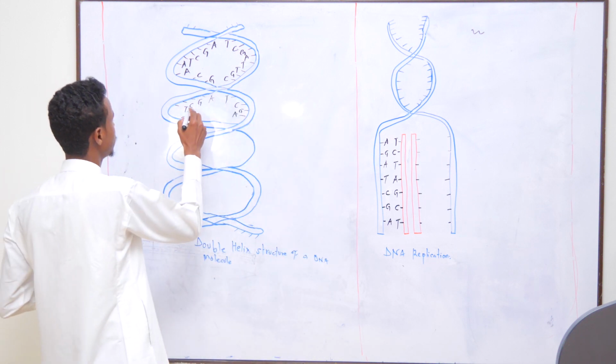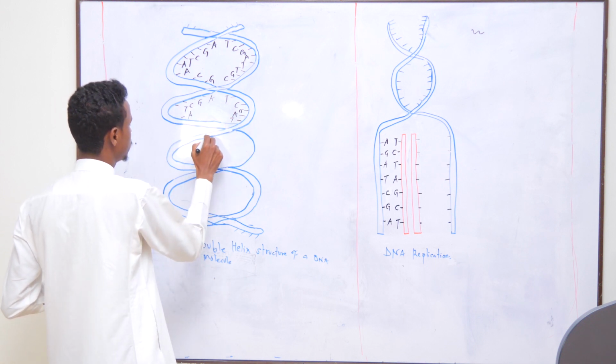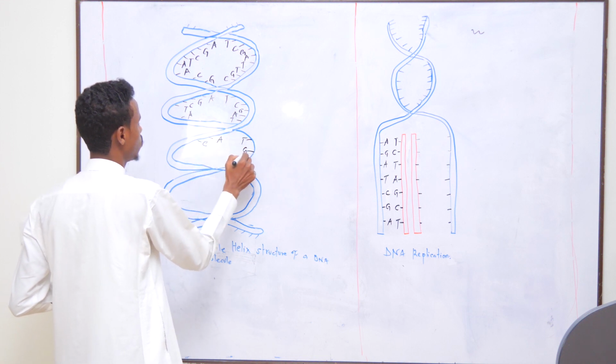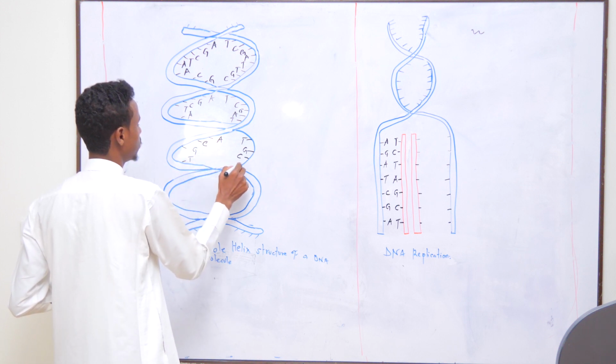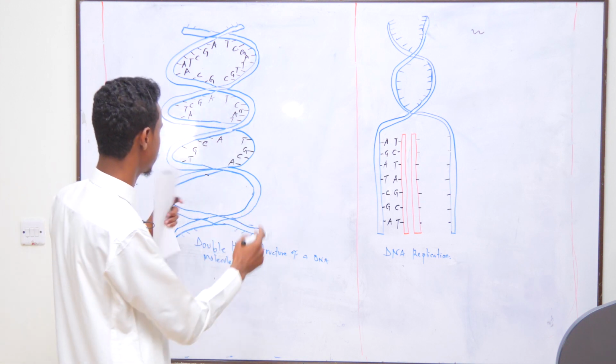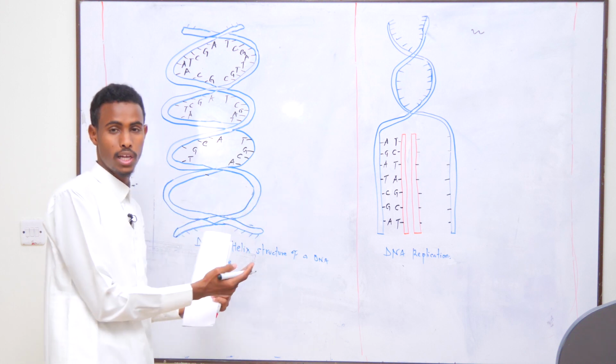Let's continue: adenine, thymine, cytosine, guanine, cytosine, thymine, and adenine. This is just a rough sketch, not an exact diagram of the double helix structure.